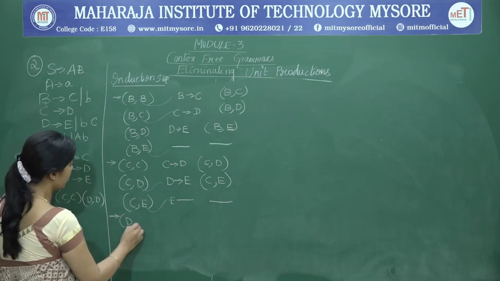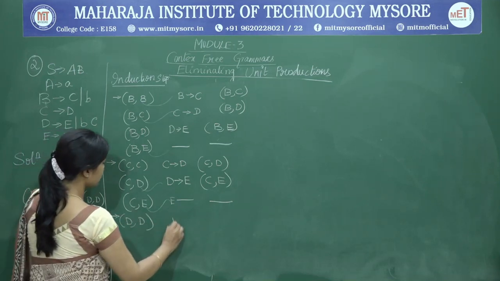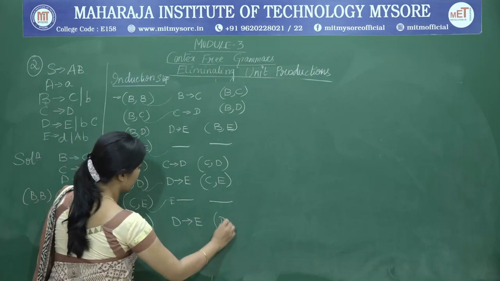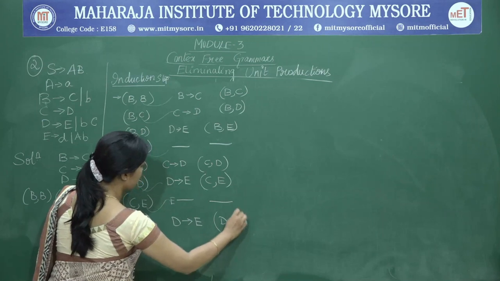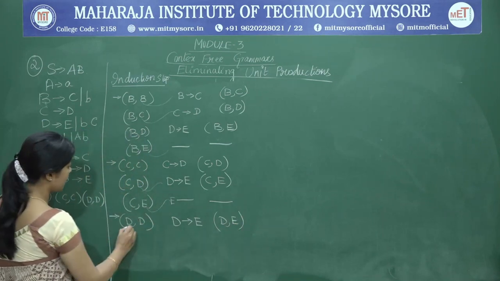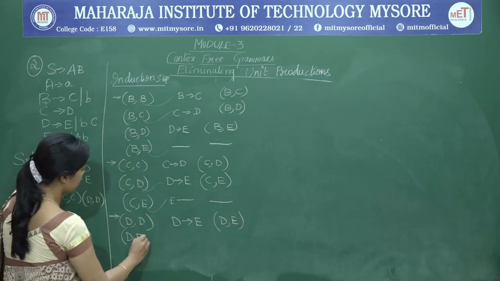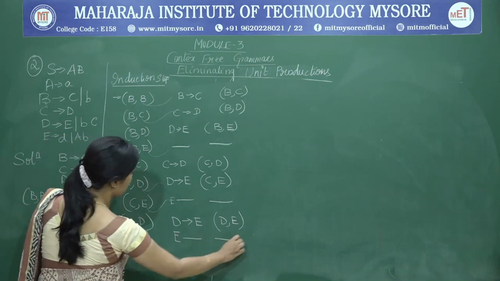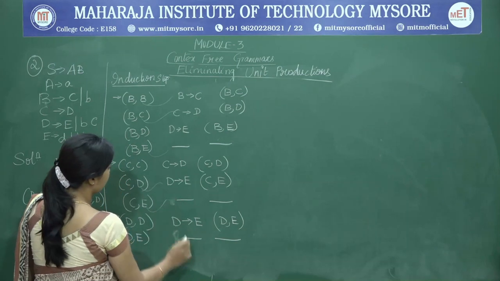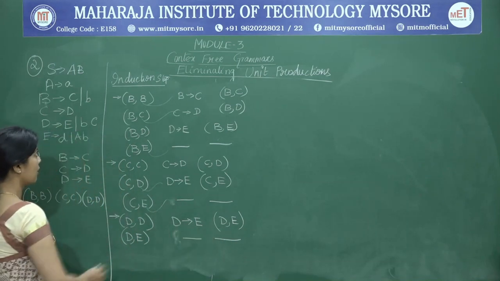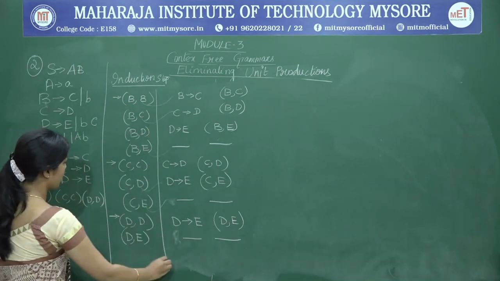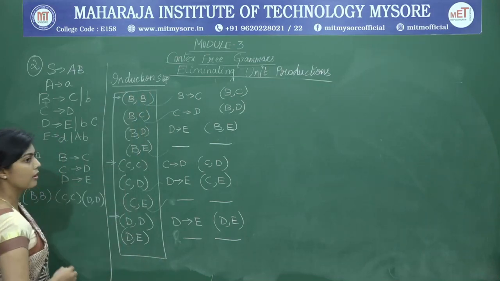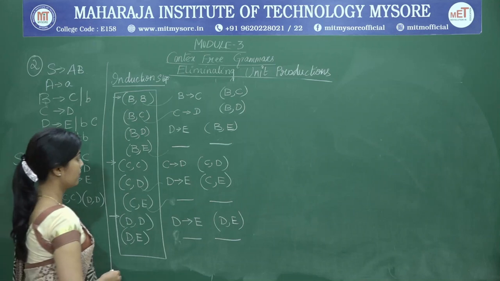Next, consider D comma D. We have D goes to E. Therefore, D comma E is the unit pair. Consider D comma E. E does not have any unit production, so we will stop here. These are all the unit pairs for this problem.